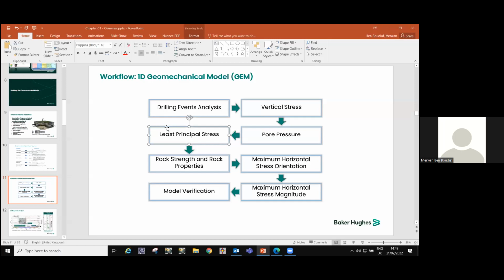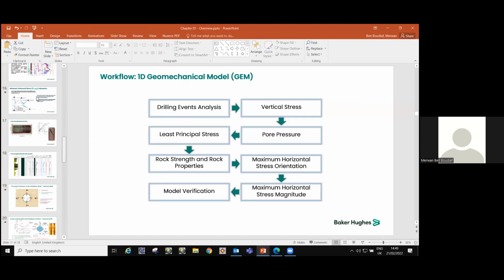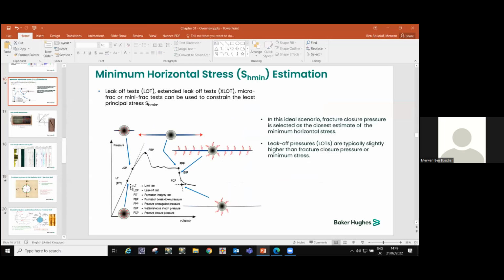This will be the most challenging parameter to estimate, because, as I mentioned, you are creating a fracture and propagating through this fracture in order to get those parameters. But when you are in a naturally fractured formation, most likely you will open pre-existing fractures. So this would not give you the same values, and you may underestimate your minimum horizontal stress.